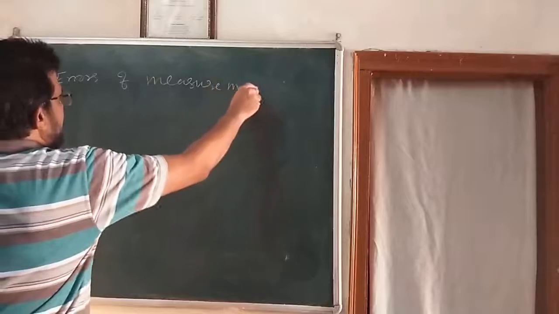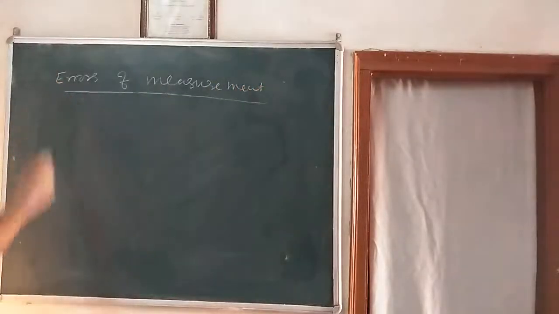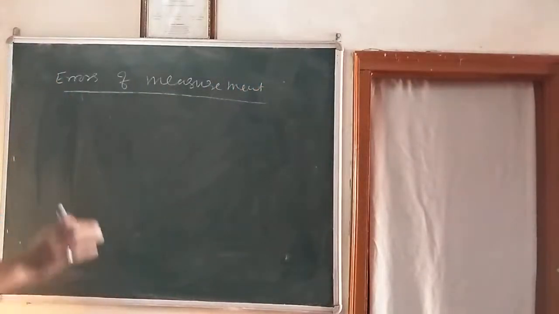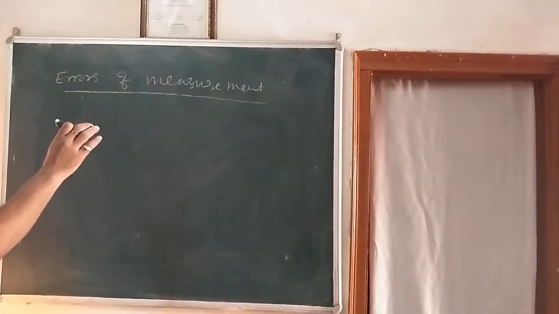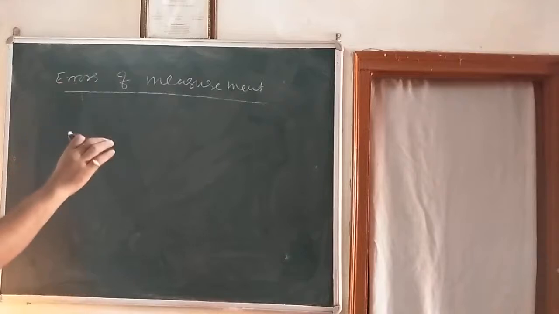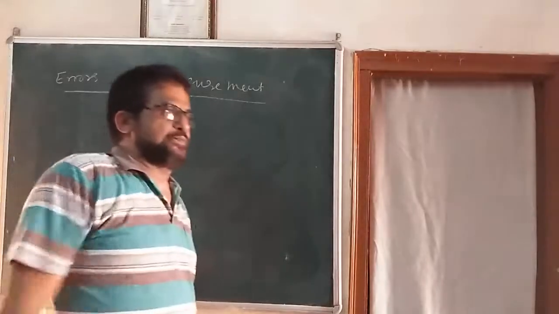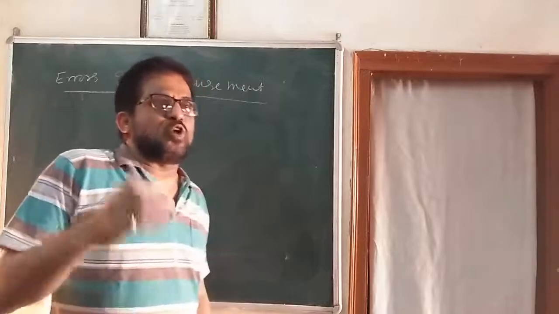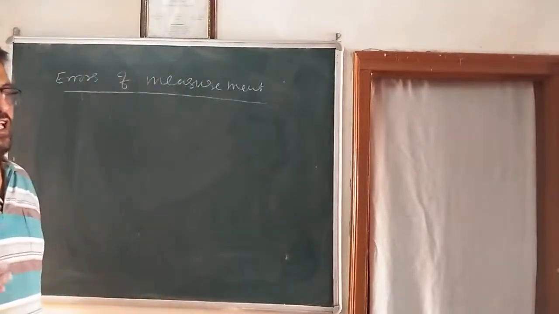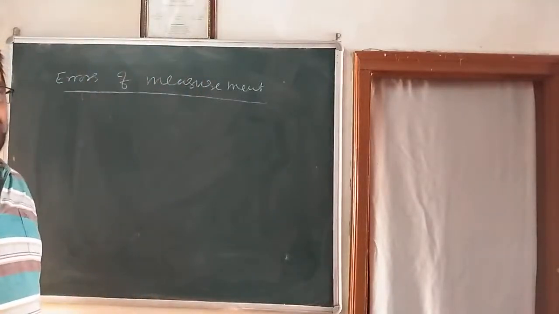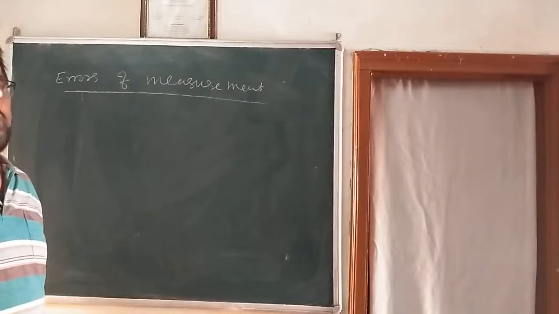Errors of measurement. For that I can say the measuring process is essentially a process of comparison. What we have to do is, if I find any value, check that value against the correct value. What is the difference between them?